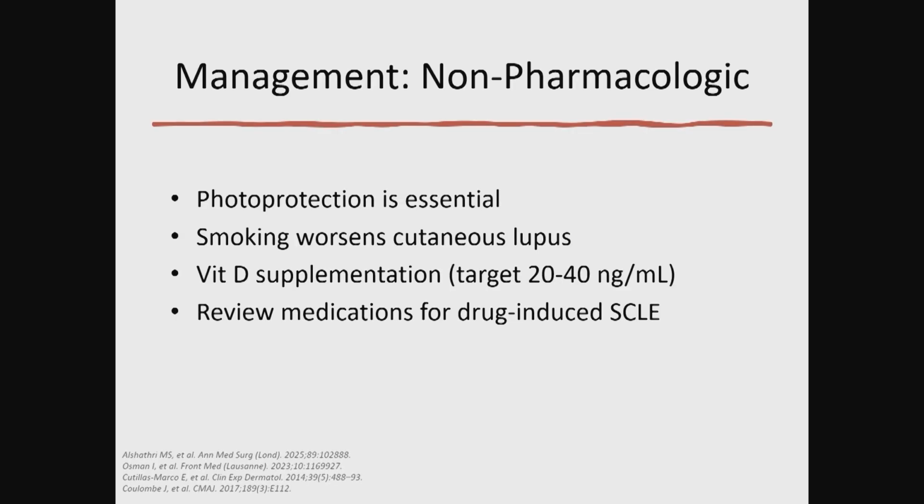So management. Non-pharmacologic first. I know it doesn't sound very important because all we want to learn about is drugs nowadays, but non-pharmacologic is super important in lupus. This is a photosensitive condition.